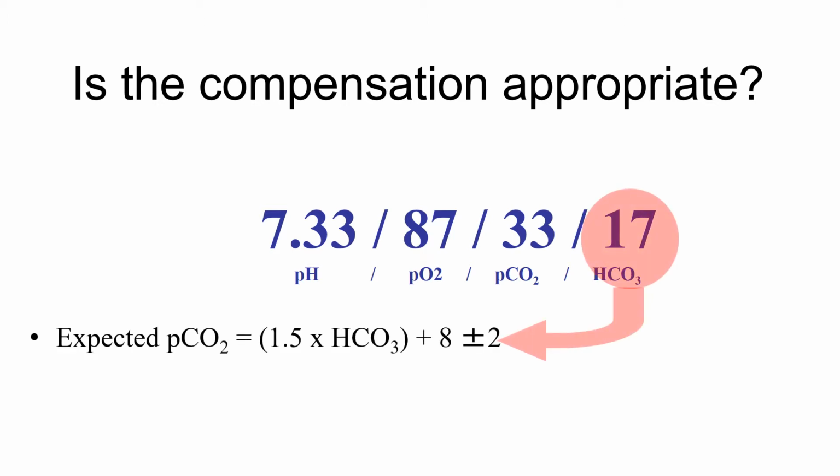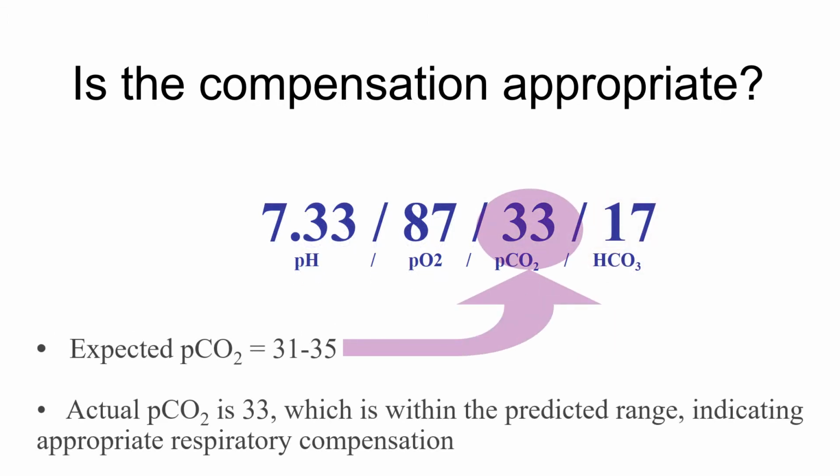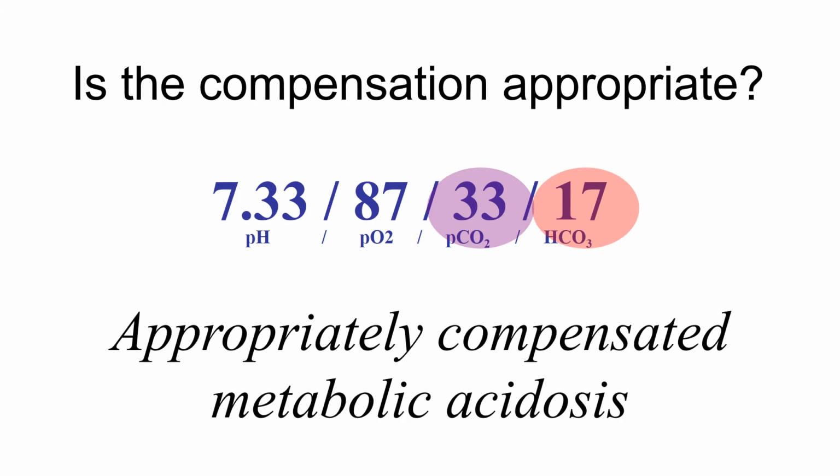For the bicarbonate of 17, the expected PCO2 should be somewhere between 31 to 35, and your patient's PCO2 is within the predicted range. So it would suggest that your body is adequately able to compensate for that given change in bicarbonate, and this would be an appropriately compensated metabolic acidosis.